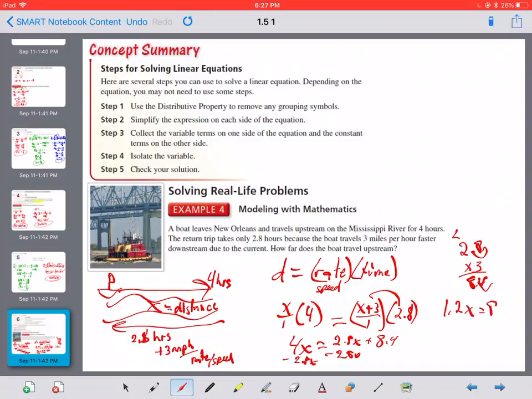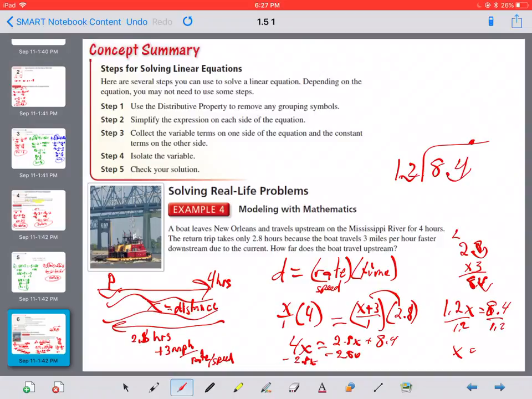I'm running out of room. Let's see, 4 minus 2.8 makes 1.2, so 1.2x equals 8.4. And we're going to divide both sides by 1.2. So how far did we go?